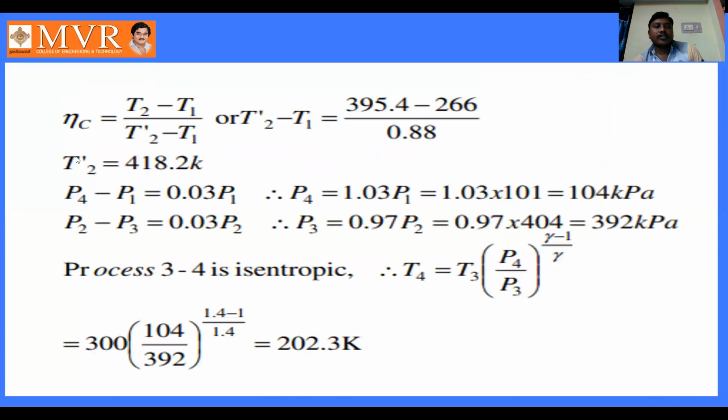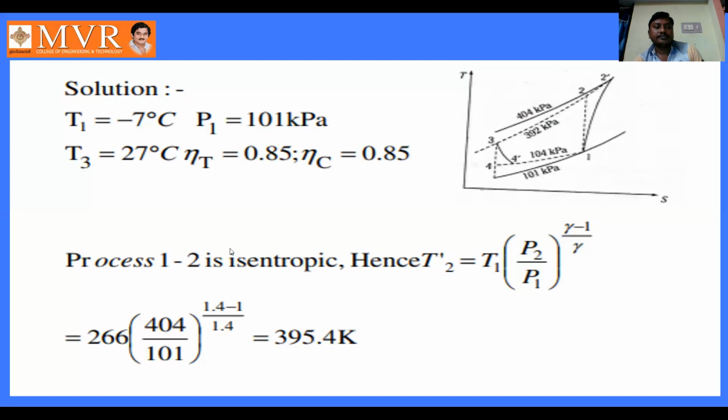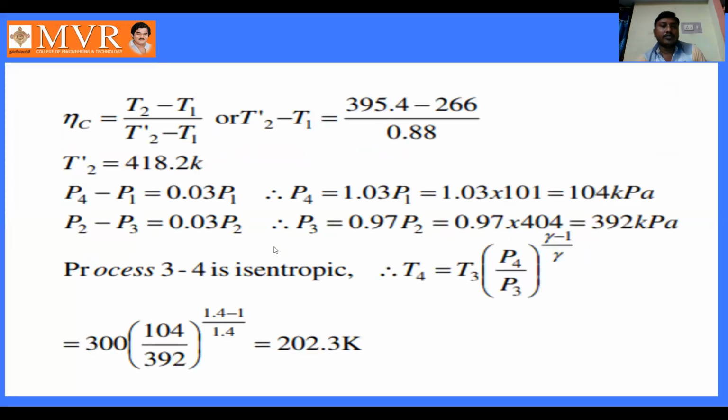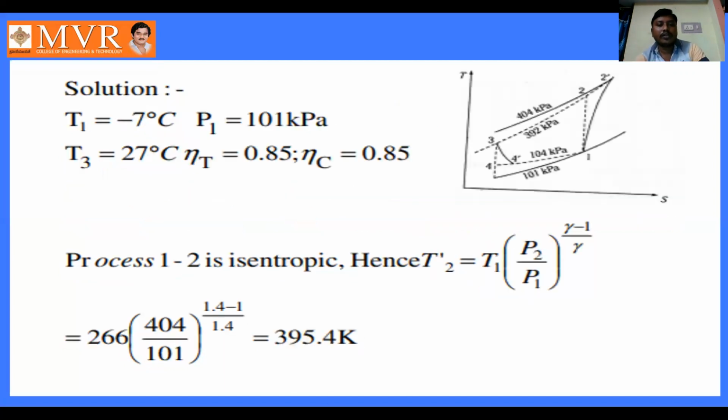See here, for calculating the efficiency of the compressor, we know the value T2 dash minus T1 by T2 minus T1, so T2 minus T1 is equal to, we are going to write the equation, 395.4.